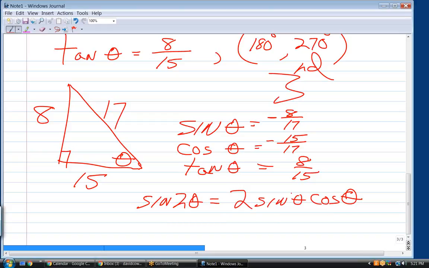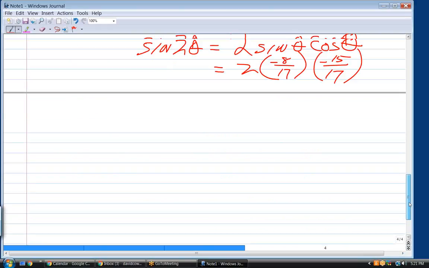So now let's just plug in what we have. What's the sine theta? Negative 8 over 17. The cosine theta? Negative 15 over 17. Multiply those 3 numbers and that's your answer. So it'll be negative 16 over 17 times 2. I don't see a whole lot of simplification, so just use your calculator and come up with a ratio.